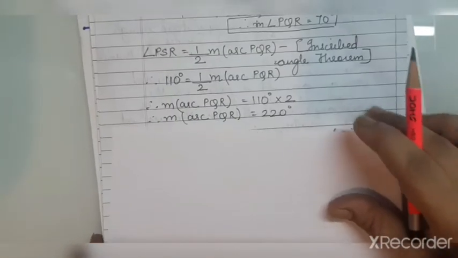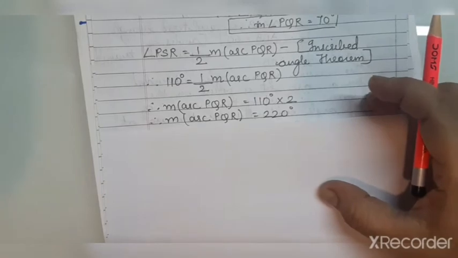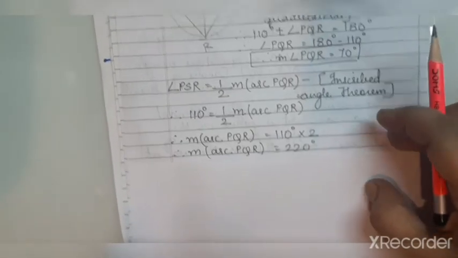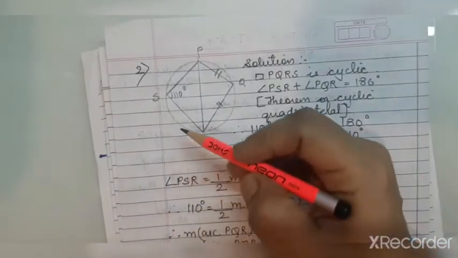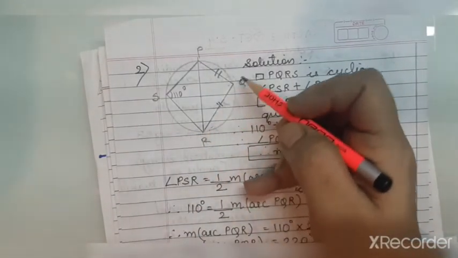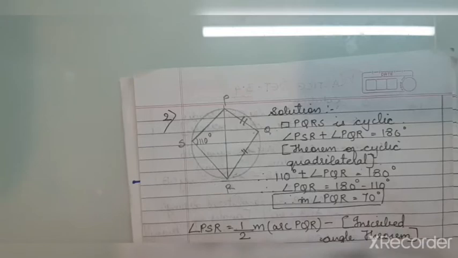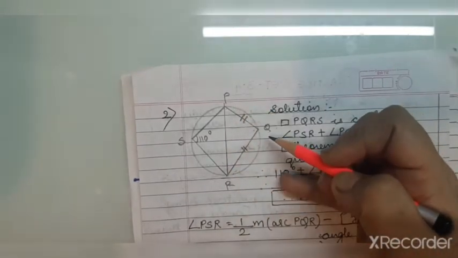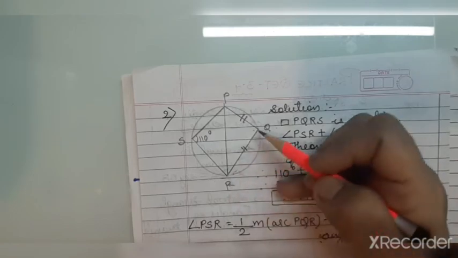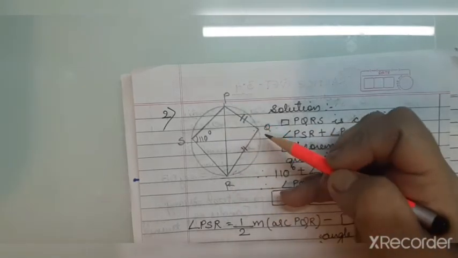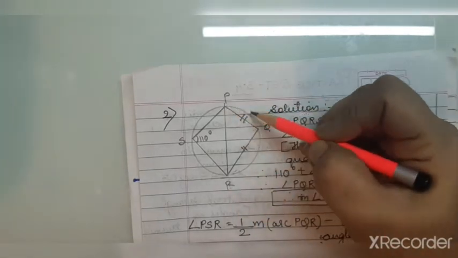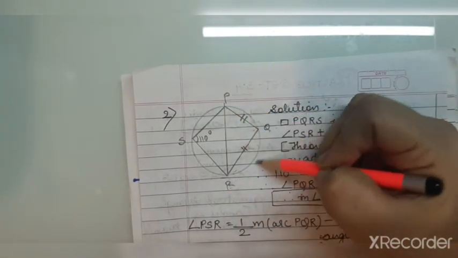Next. Now the third thing we have to find is measure arc QR. Now where is measure arc QR? Here. Now in the given information they have given that chord PQ is congruent to chord QR. If chord PQ is congruent to chord QR, then we can say arc PQ is congruent to arc QR.